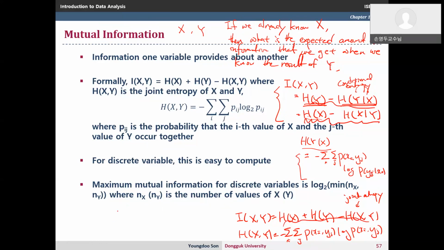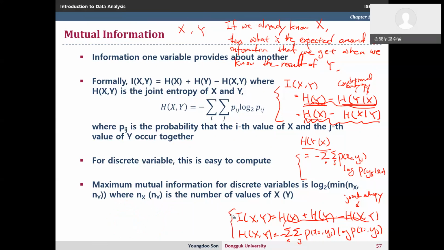And conceptually, this is the mutual information. This is the information from X. This is the information from Y. We don't consider this concept.